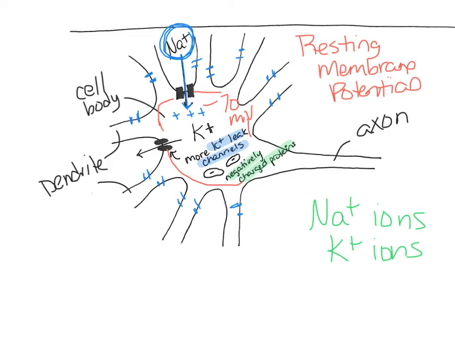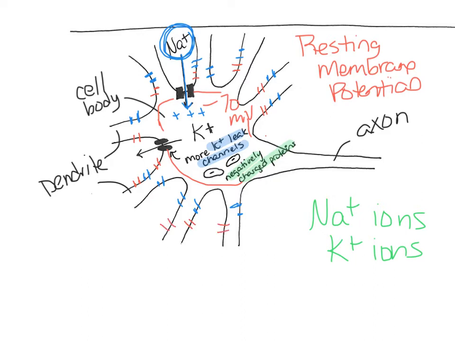These potassium leak channels are all over the dendrites and the membranes as well. So they have many leak channels on the cell membrane and on the dendrites. So potassium wants to leak too.